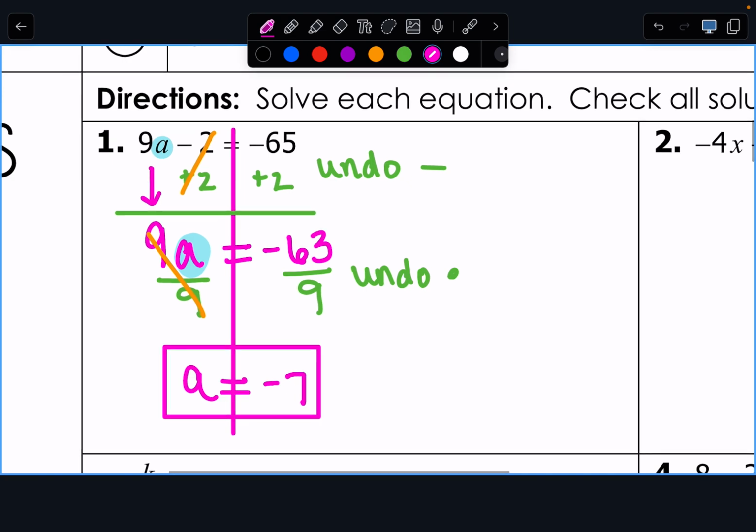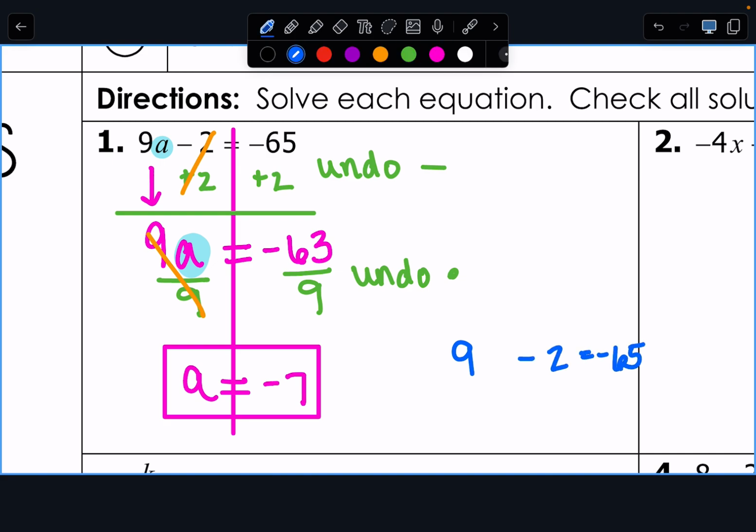Now, listen please. Do you remember when I said anytime we solve an equation, we are able to know if we have the right answer? Our problem is 9a minus 2 equals negative 65.